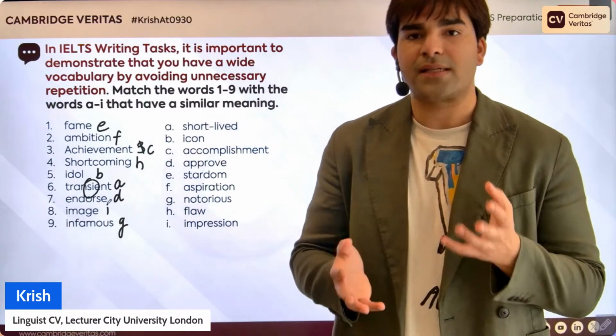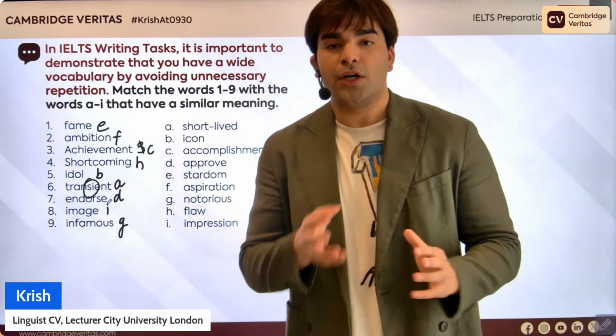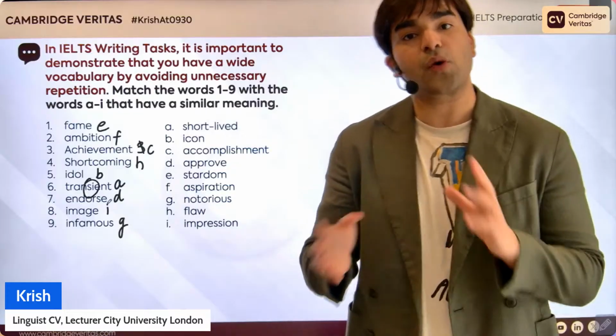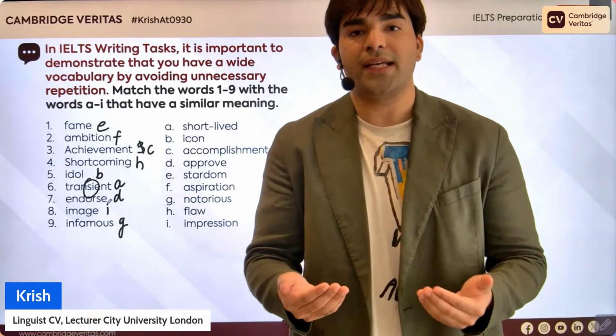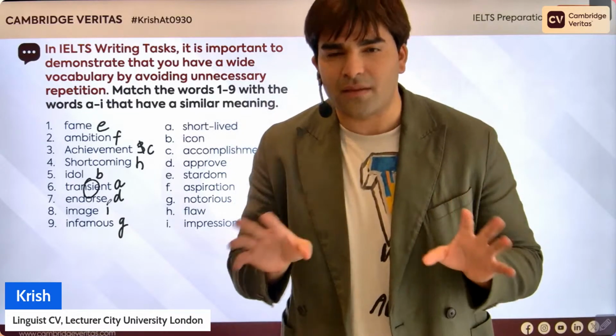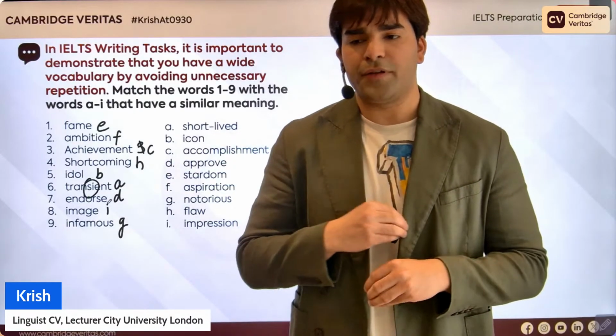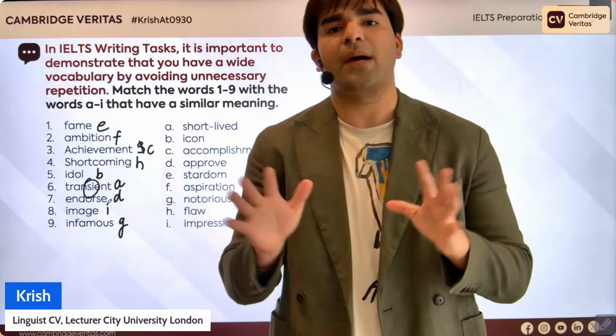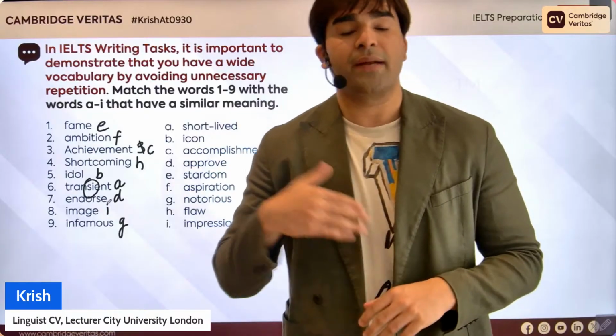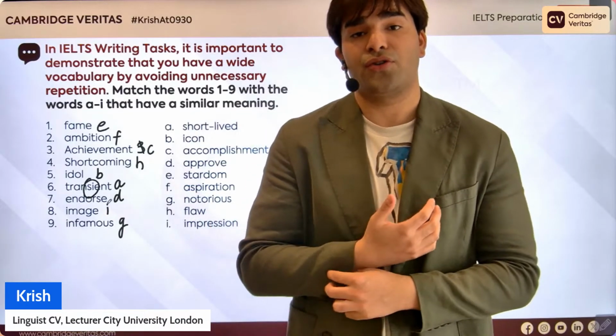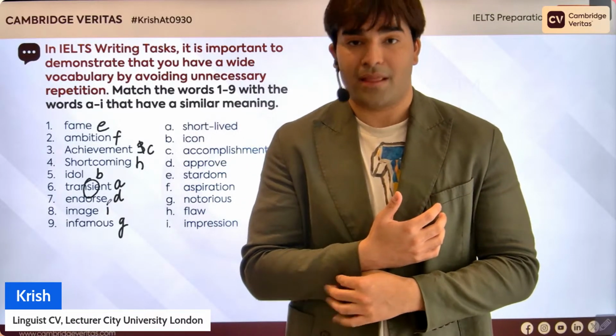So on your IELTS writing as well as speaking, you have to make sure that you use all kinds of words to show the examiner. There's a myth on the IELTS exam, and the myth is if you use only C2 level vocabulary, you're going to get band 9 or band 8. No, that is not true. It's a myth.